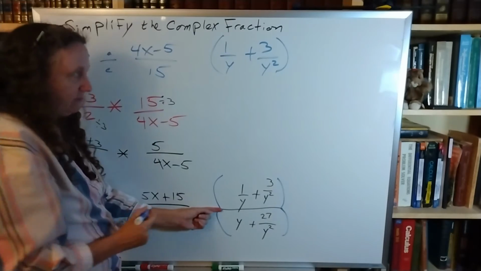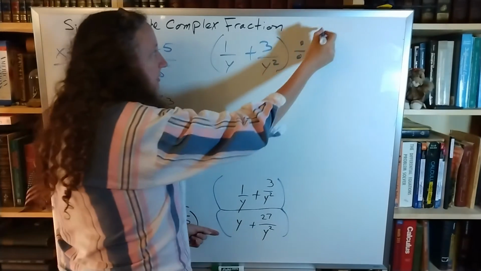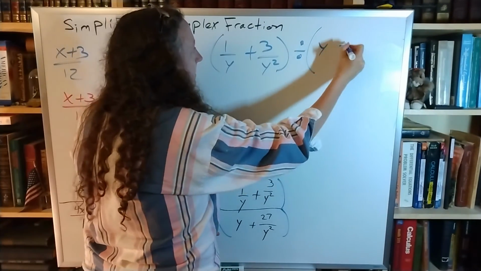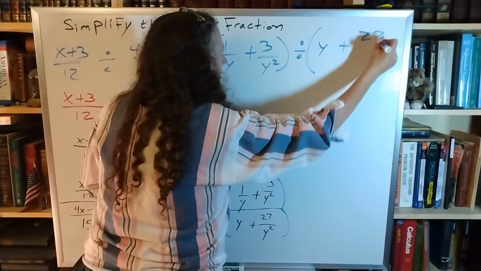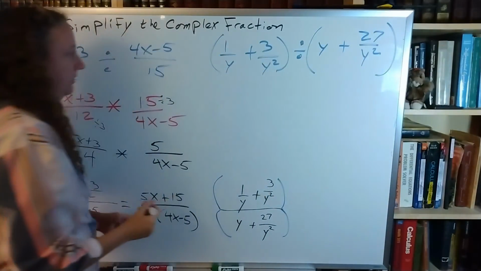My giant fraction bar becomes my divide by sign. And then I have another set of parentheses with y plus 27 over y squared. And close the parentheses.